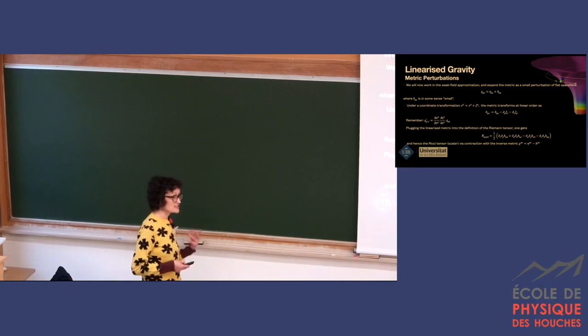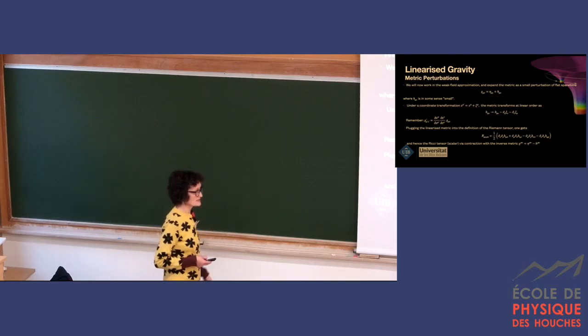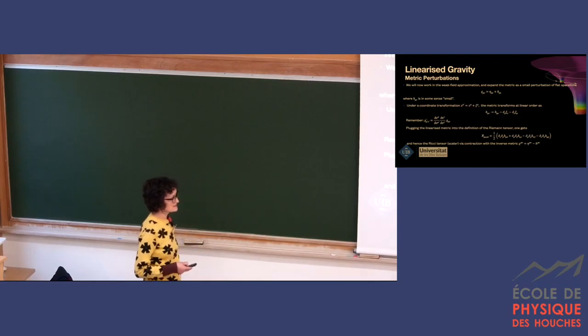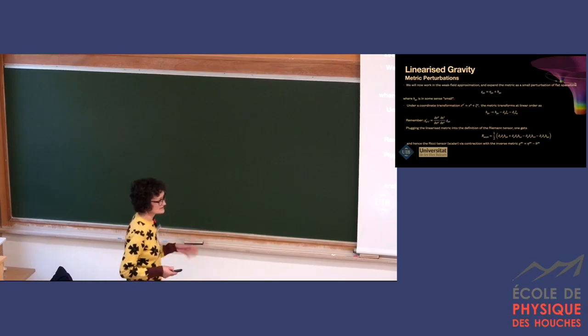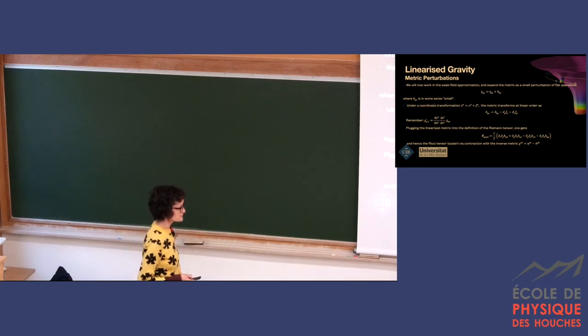And from the definition of the Riemann tensor that we saw a few slides earlier, I just plug it in and keep linear order in h, and I get how the Riemann tensor is expressed in terms of the metric perturbation. And then from here, we said we can construct everything, because once we have the Riemann tensor, we can get the Ricci tensor and the Ricci scalar. So we are good to go.